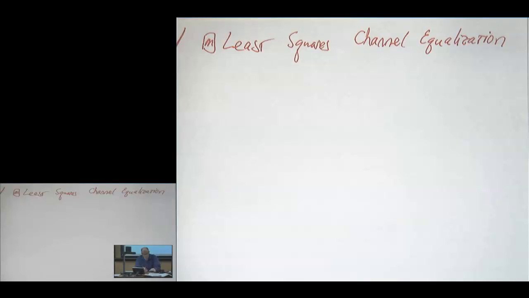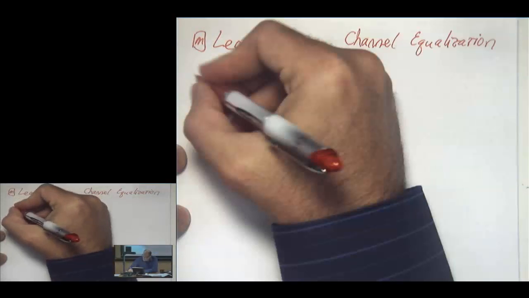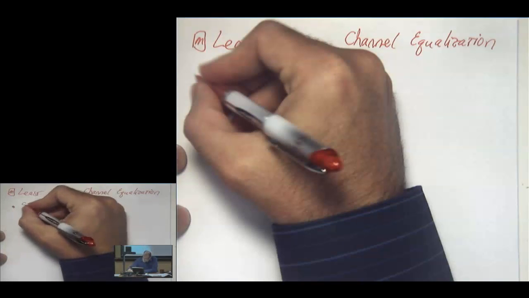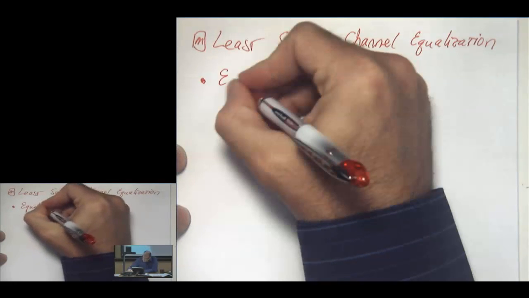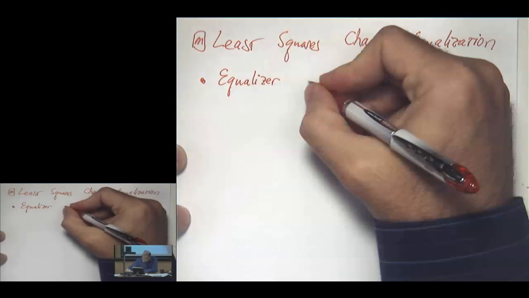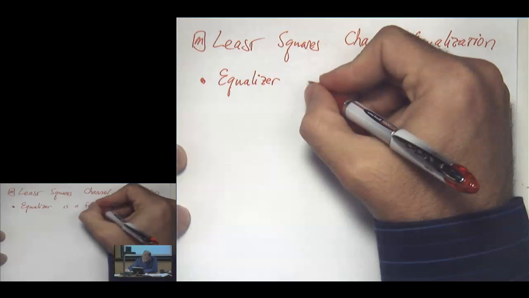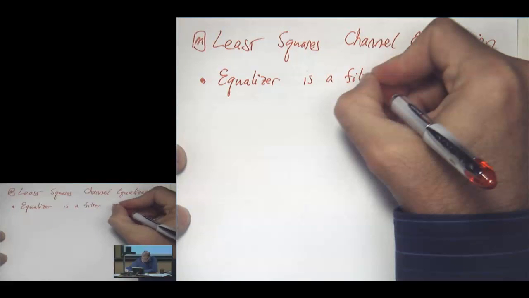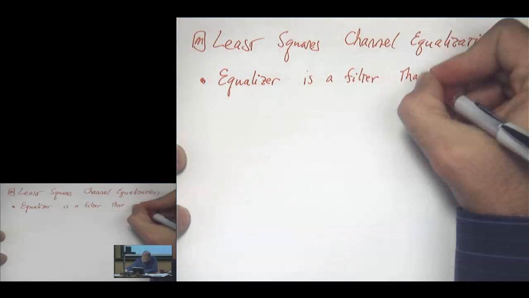On linear equalization. And we might have a problem on decision feedback equalization later. So generally speaking, an equalizer, as we use the term here, in the DSP sense, is a filter that removes frequency selective distortion.